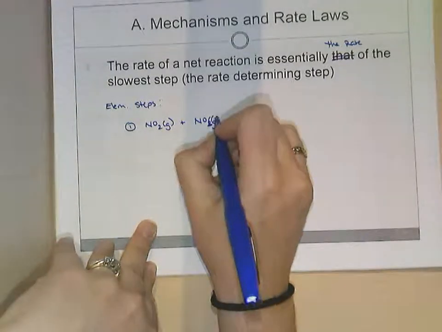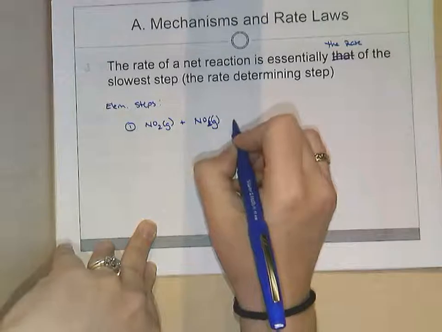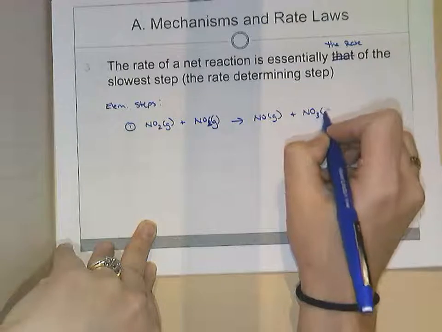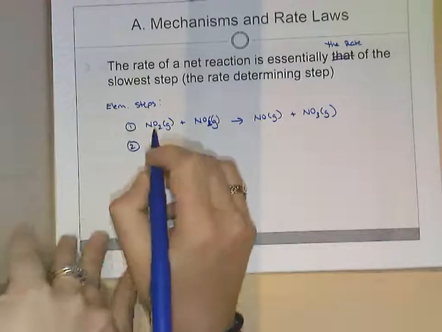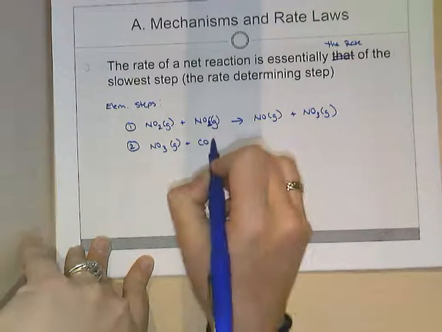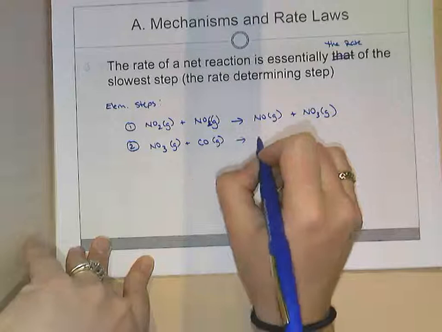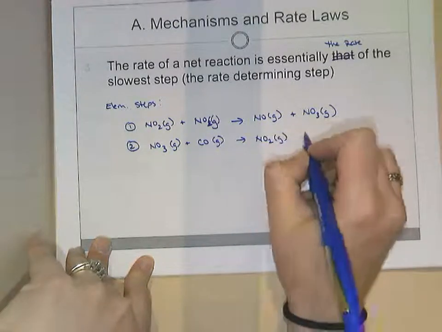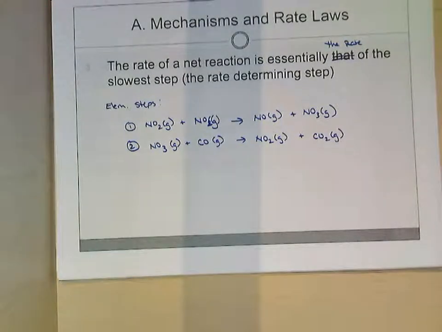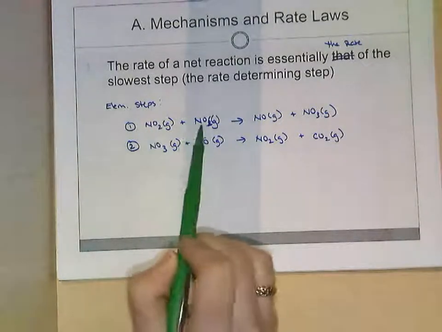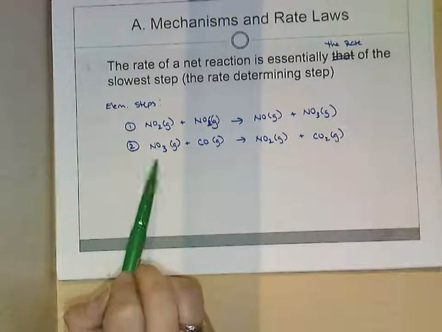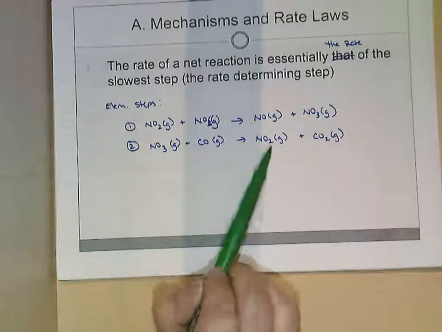So 2 NO2s reacting together to make NO and NO3. Alright, so I got NO2 and NO2 coming together to make one NO and one NO3. In my second elementary step, I have NO3 and carbon monoxide making nitrogen dioxide and carbon dioxide.